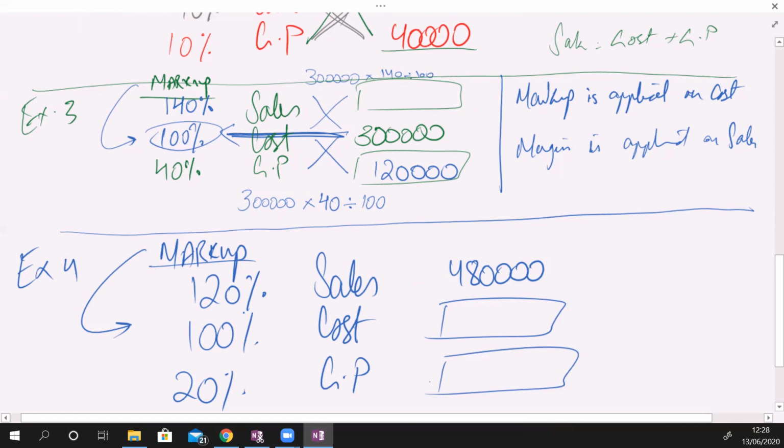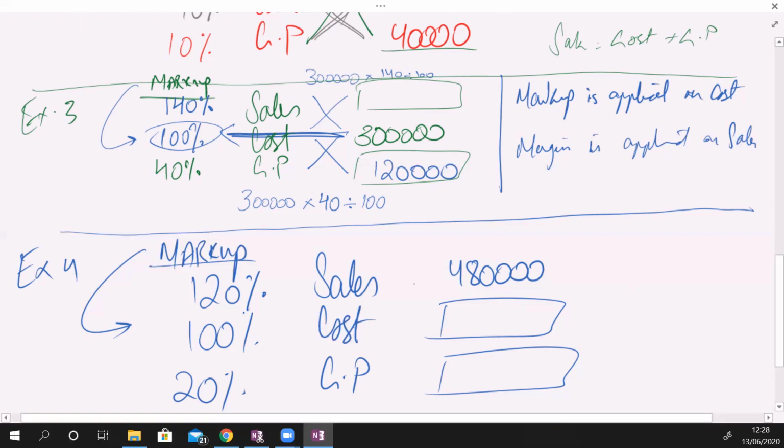Sir, I'm getting cost as 400,000 and GP as 80,000. Will you tell me the correct values? Sir, this is what I'm getting. Is the cost 400,000?